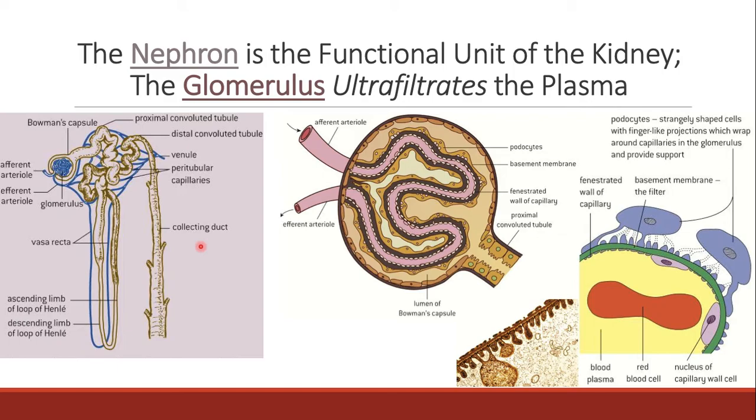So the basic steps of the nephron are ultrafiltration, so the glomerulus ultrafiltrates. We'll also have selective reabsorption, selective secretion, and then water reabsorption and then excretion, getting stuff out of the kidney and into your bladder.